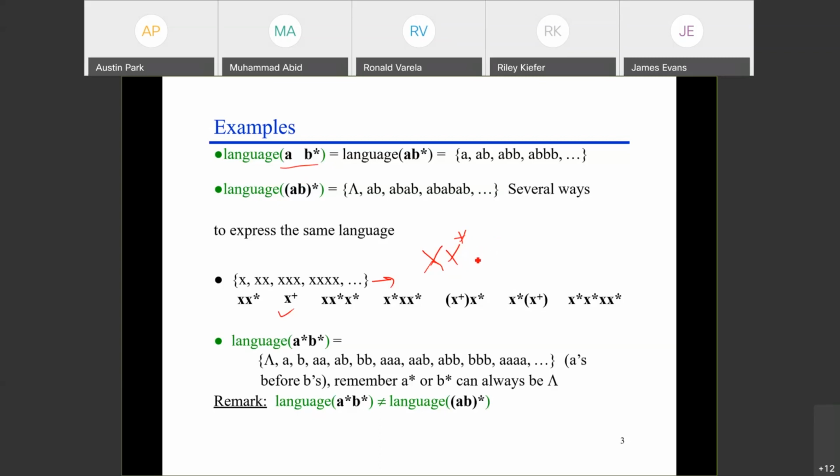So it will equal 1x. Might be we get lambda from here, but 1x will always be there. And this x will always be there, and then the variation will come from this part. So might be 1x from this, or first x, and then from this part 2x, and so on. And this will be your valid regular expression for this language. So this is valid. Very nice.